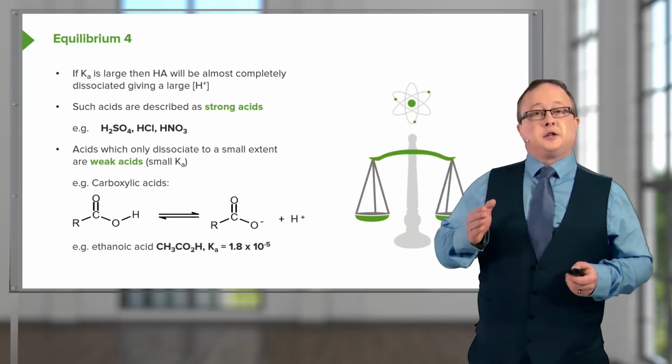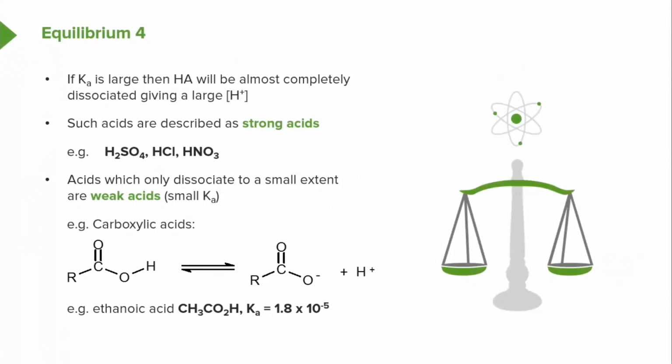Acids which only dissociate to a small extent are called weak acids, and these possess a small acidity constant, or Ka. A good example of these are the carboxylic acids. We'll be discussing carboxylic acids and the influences on their structure in a bit more detail in Module 3.